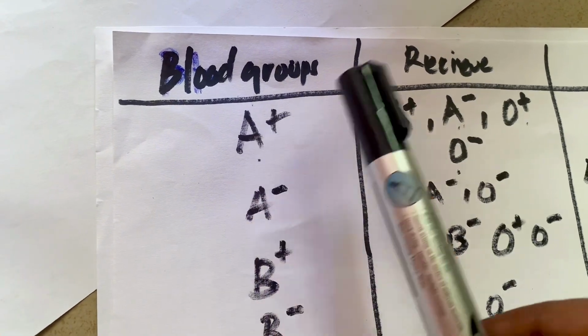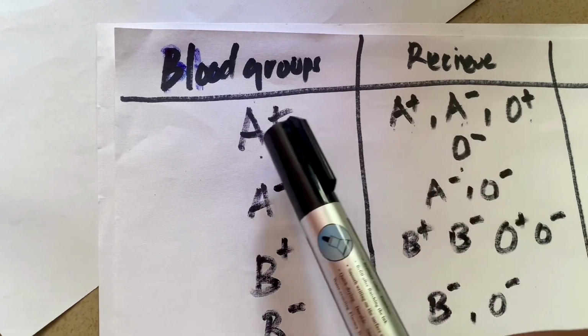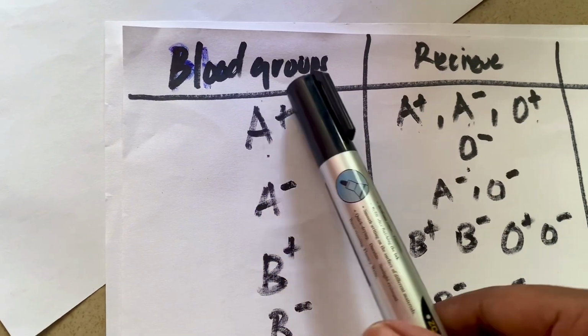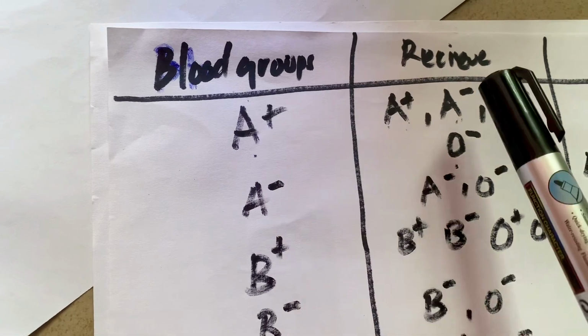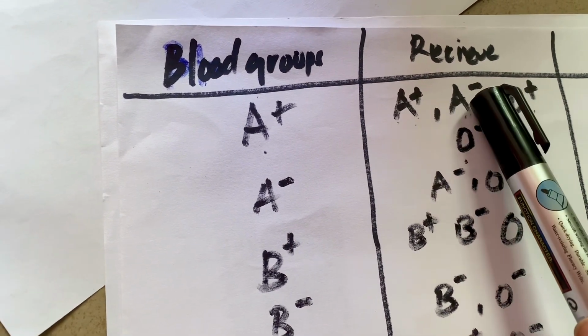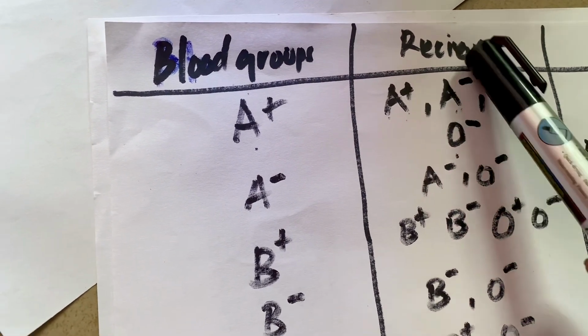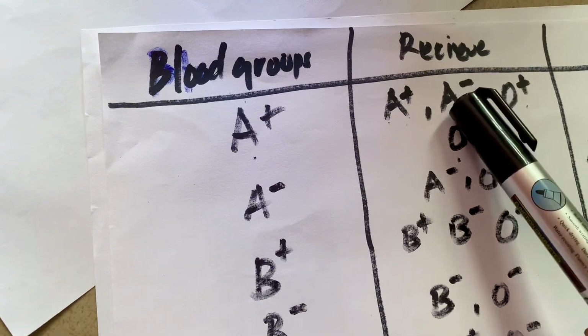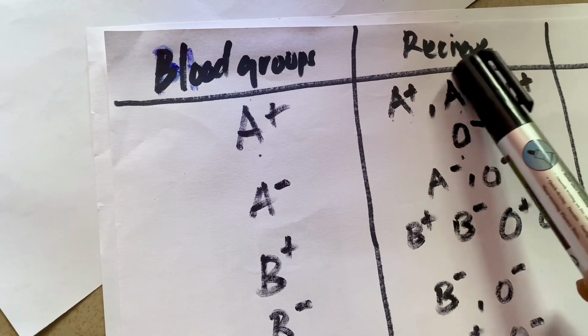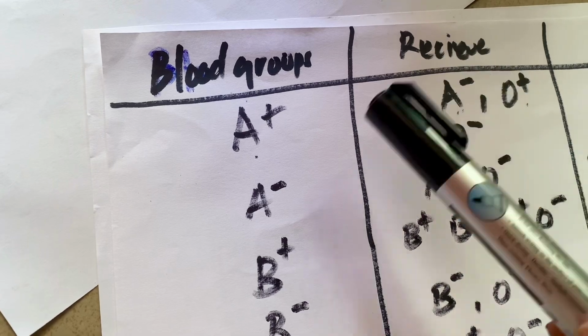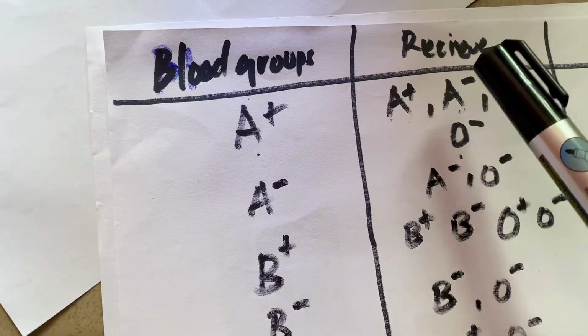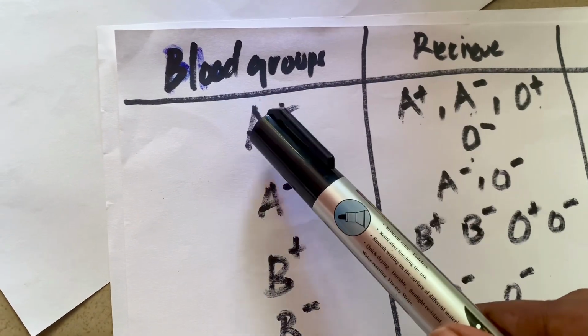However, A positive cannot give to A negative because A positive comes with the antigen D, which is foreign to the A negative, and that is the reason why the negative is always the one attacking. If you have A negative, this one here is the one that is always attacking because the D is foreign to it. However, it can give to what? A positive.